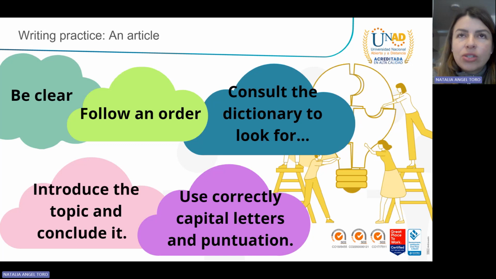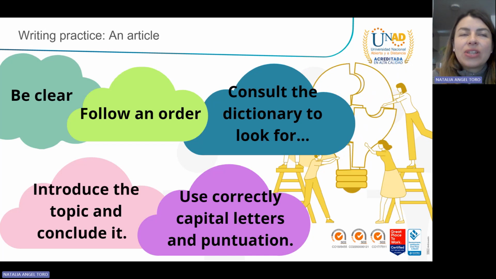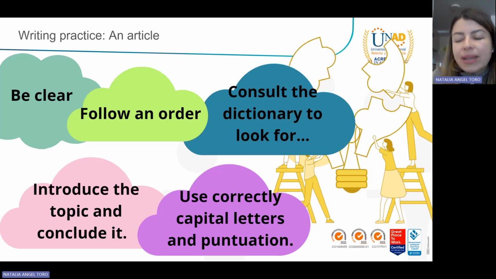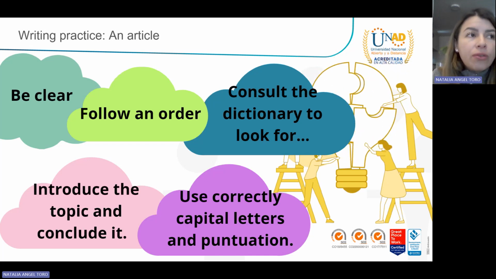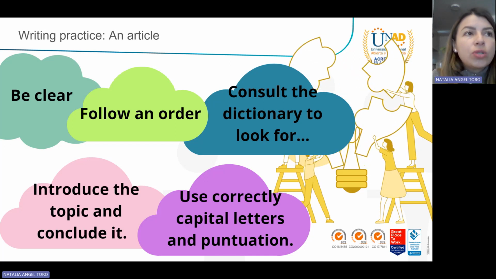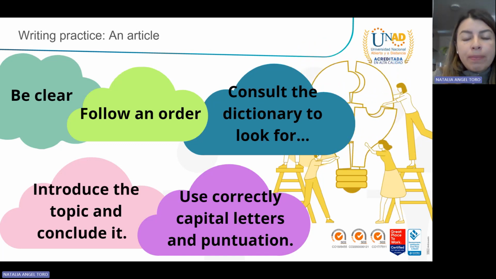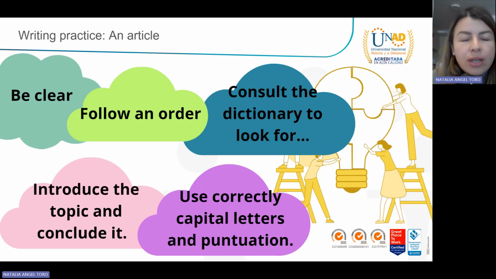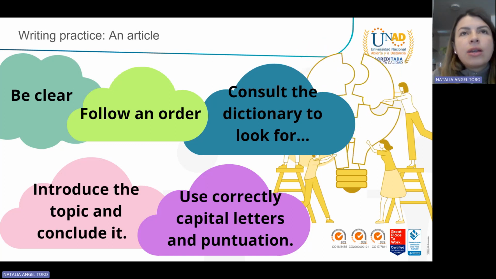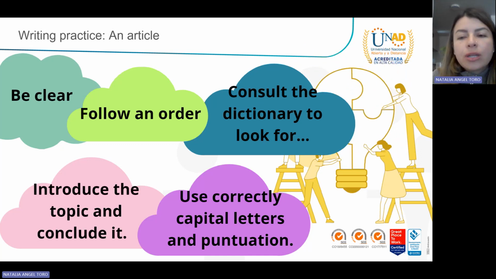Sometimes they just start to write and give some ideas, but they are not really sure about what is the topic given by the teacher. So it's very important to do that. Also to find the topic you feel comfortable doing, or at least to find some patience, sorry, and also to search or look for materials from other authors or some tools to help you to enrich the text.